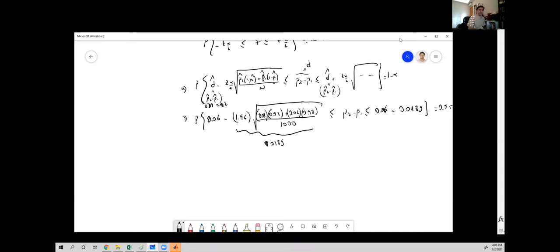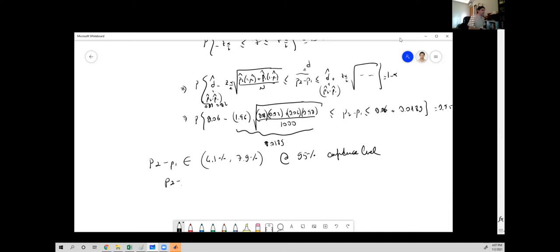Here the confidence interval will be 4.11%, let's make it simple, 4.1%, and 8.9%. So P2 minus P1 is going to lie within that interval at the 95% confidence level.